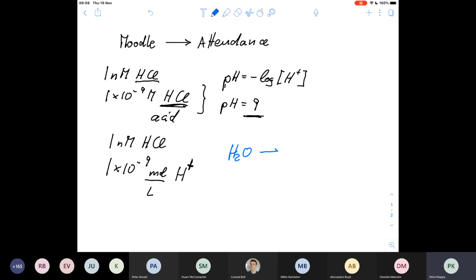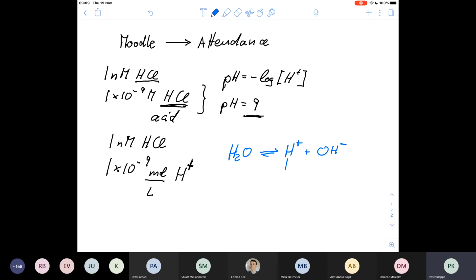And what happens with water? Water can dissociate into what? Yes, it is what is called the auto-ionization. It dissociates into H plus and OH minus. Absolutely right. And you are right, it forms hydronium, but I'm just too lazy to write the hydronium. I just leave it like that.